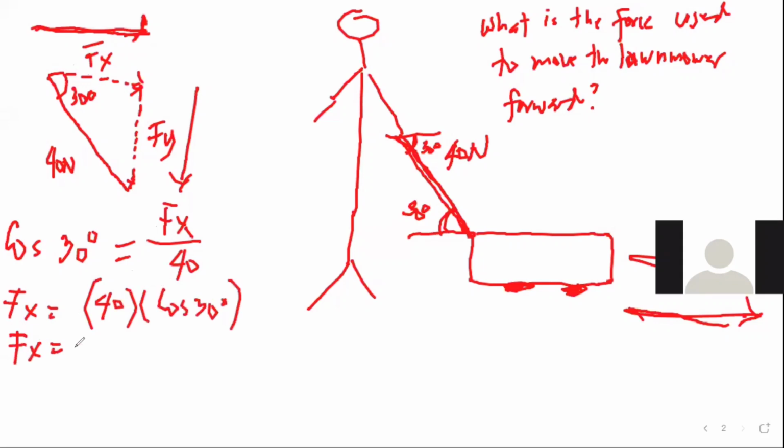So we will solve: 40 times cosine 30, and your answer is 34.6. So therefore, only 34.6 Newton was used to move the lawn mower.